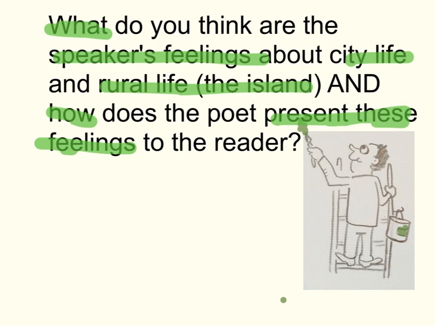So, speaker's feelings about city life and rural life, that's our focal point when we respond to this question, and how means what poetic techniques the writer is using to present those feelings.